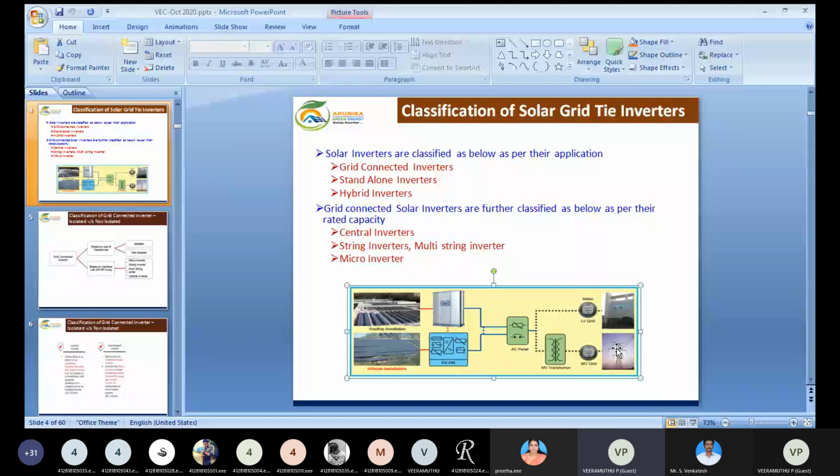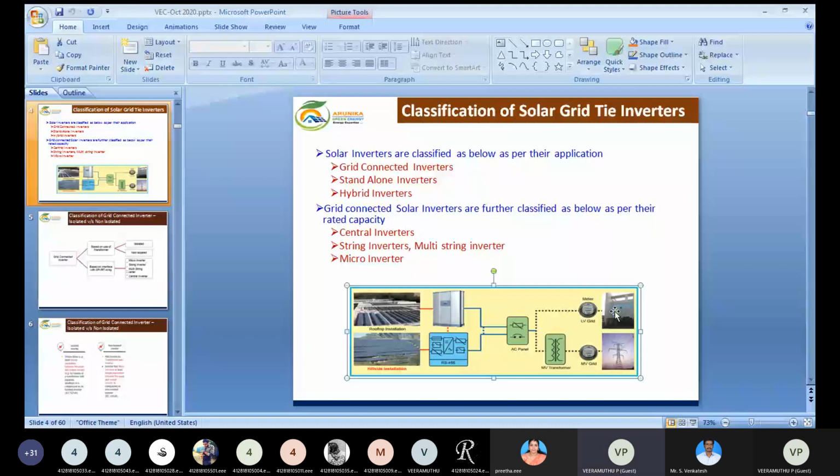Whatever energy is generated from the solar PV plant, that whole energy is fed into the electricity board, and they give payment for the energy fed in, per unit 6 rupees, 7 rupees like that. But in a string type inverter, they will adjust it, because here we are using a net meter. So with the net meter concept, they will adjust.